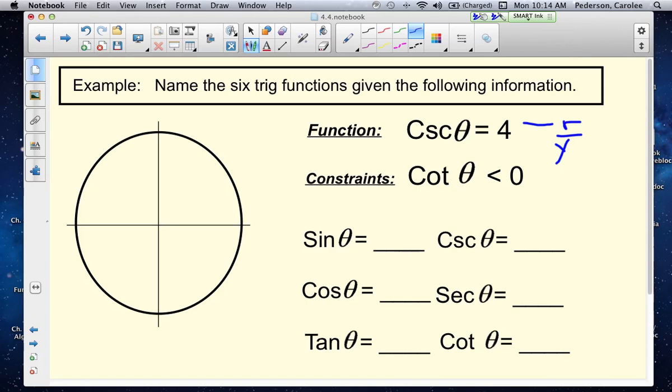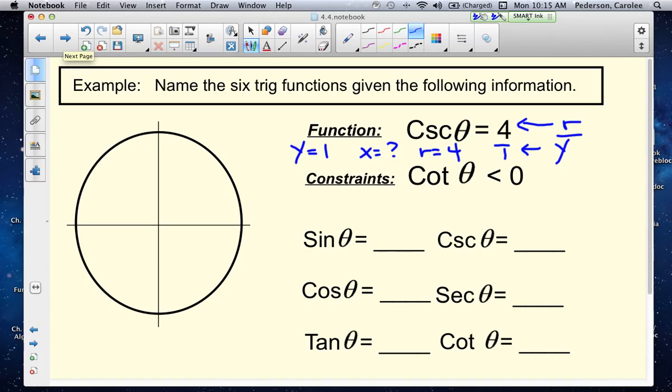So then 4 goes with the radius. What's the y then? 1 over 1, yep. So we now know those two pieces. So we know y equals 1, x is unknown, and then the radius is 4.